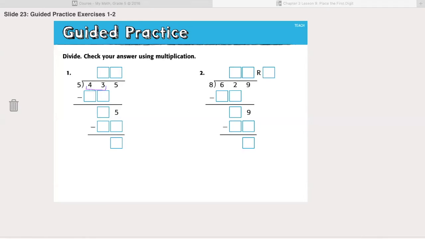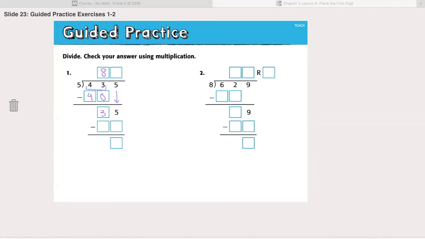5 fits into 43 8 times. 8 times 5 is 40. 43 minus 40 is 3. We bring down that 5, which is our last digit, so anything after this is going to be remainder.